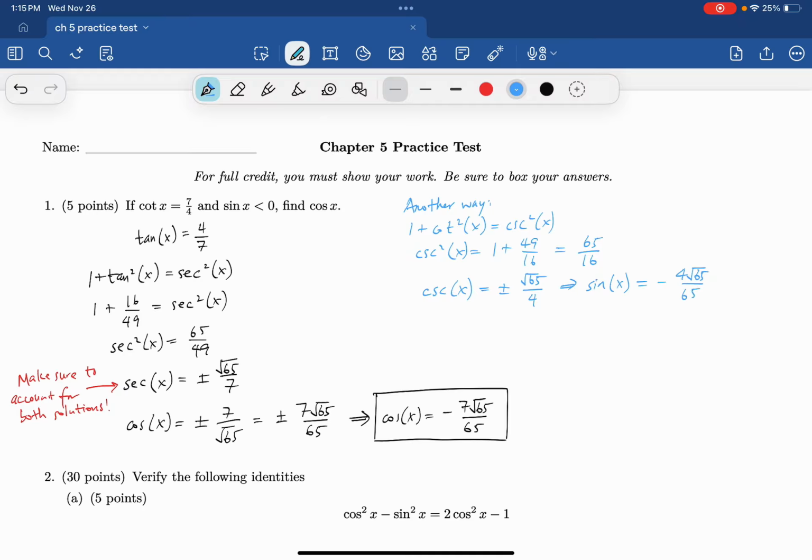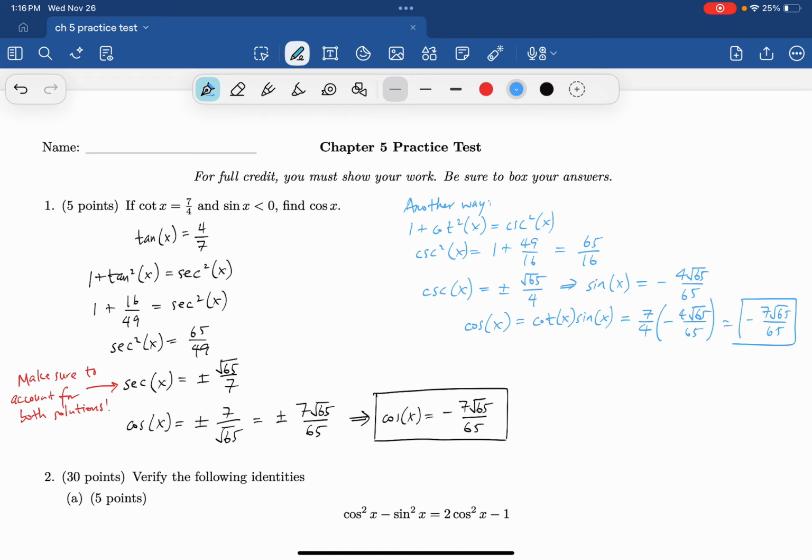Right? And then we would use the fact that cosine x is actually just equal to cotangent x times sine of x, because cotangent is cosine over sine. And so that tells us that cosine is equal to 7/4 times negative 4 root 65 over 65, which is equal to negative 7 root 65 over 65.